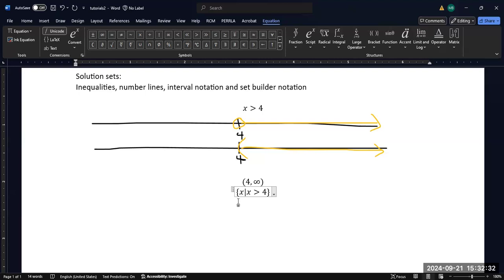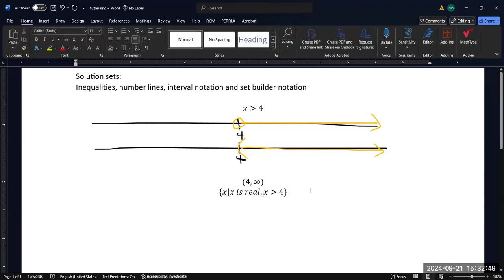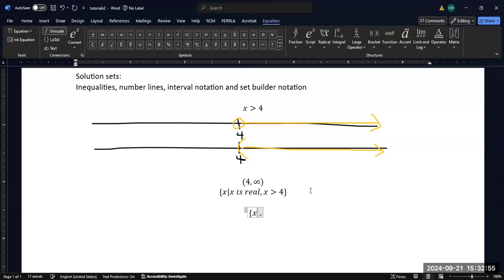Now you can be a little bit more elaborate than this. You can say X is real, and also X is greater than 4. But X is real is usually understood. And so if you don't necessarily include it, that's fine. Again, the general format is you would have X and then a condition or conditions.